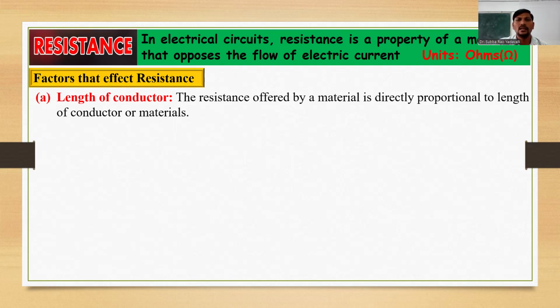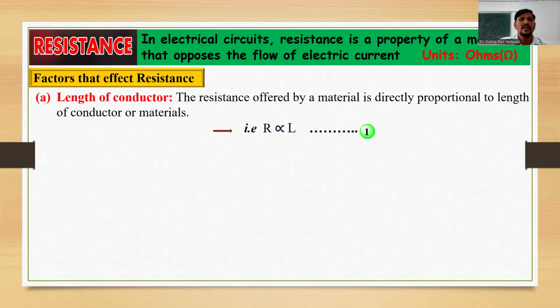If you reduce the length, the resistance decreases. So R is directly proportional to L, where L is the length of the material. This is equation 1.